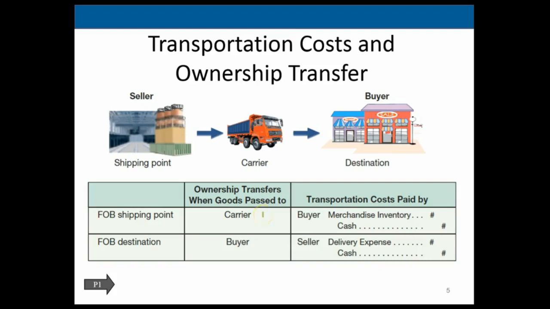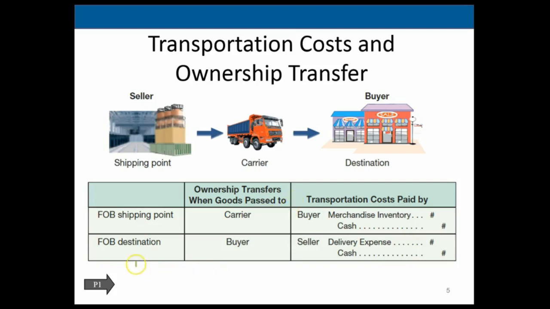So if it's FOB shipping point and we're buying it from China, then once it gets to the boat that's going to be shipped over here, then it's ours at that point in time, and that's when it's going to be included in our inventory. If we are paying for the shipment of the inventory, which we would be in that case, then that cost will be included in the merchandise. So we're going to include the cost of shipment if we pay for it in the merchandise.